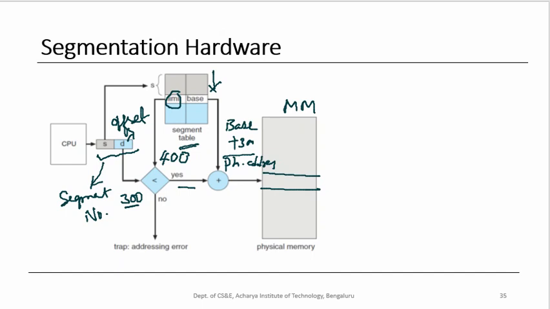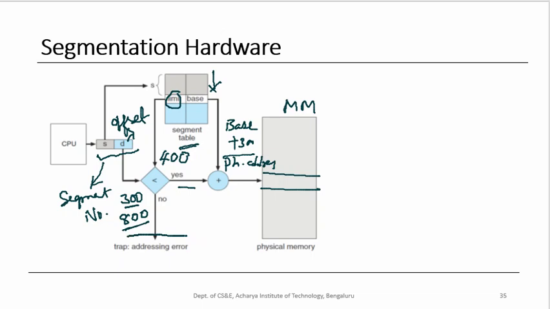Suppose the CPU generates some logical address, and let's say for this particular case the limit is 400 for this segment, and the offset value generated by the CPU is 800, which is greater than 400. This means the process is trying to access the address space of some other process.